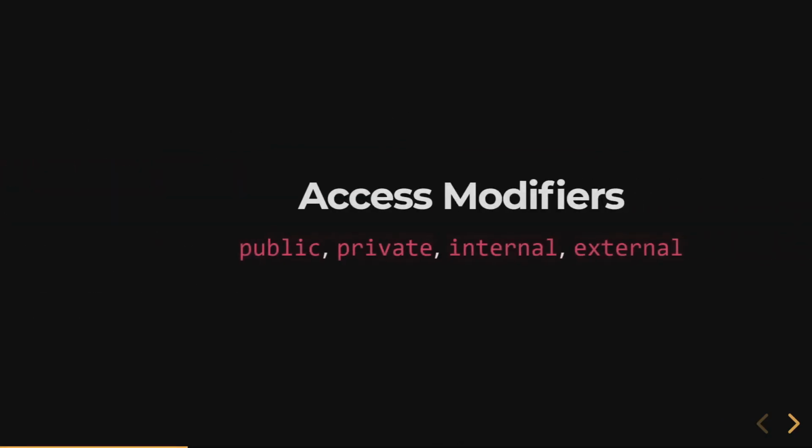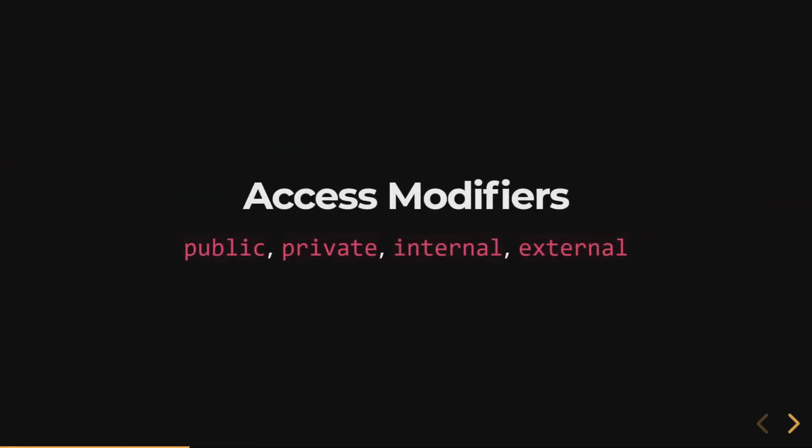All right, so we have our access modifiers, and despite the fact that public and private look similar to ones that you see in Java, they do work a little bit differently. And that's where these internal and external functions come into play. So internal functions can only be called by other functions within the contract.